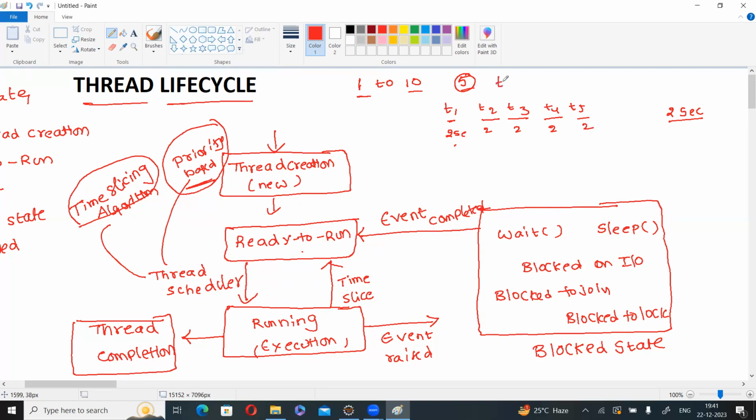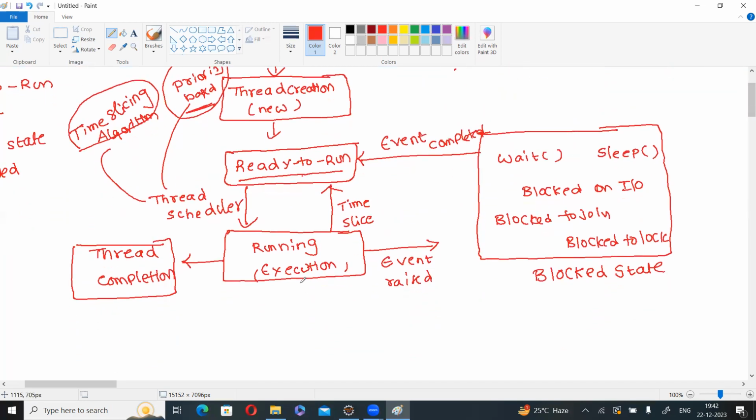For example, T1 is the thread, set priority of 6. Meaning I set the priority of thread T1 as 6. So among all the available threads, it selects the thread which has the highest priority. By using any one of these algorithms, the thread scheduler selects the thread from ready to running. Clear?